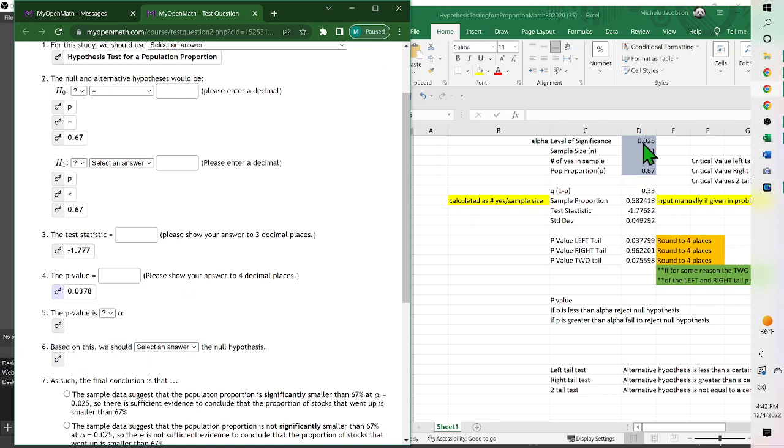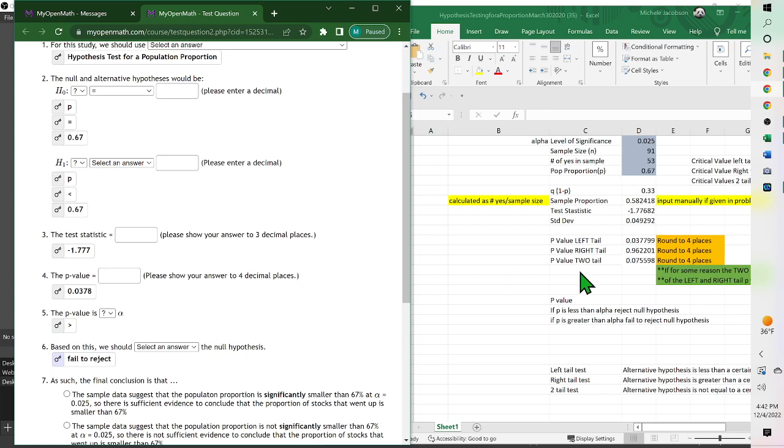Alpha was 0.025. So the p-value 0.037 is greater than alpha. If the p-value is greater than alpha, we fail to reject.